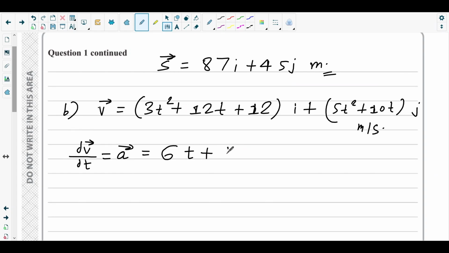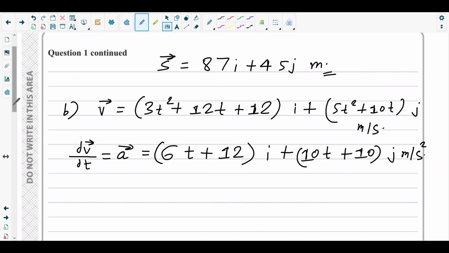Same goes for the second term, it will become only 12. So 6t plus 12 i, plus, same rule, 5 times 2 is 10, t to the power 2 minus 1 is just t, plus 10. Okay, we have just differentiated the velocity vector to get the acceleration vector.